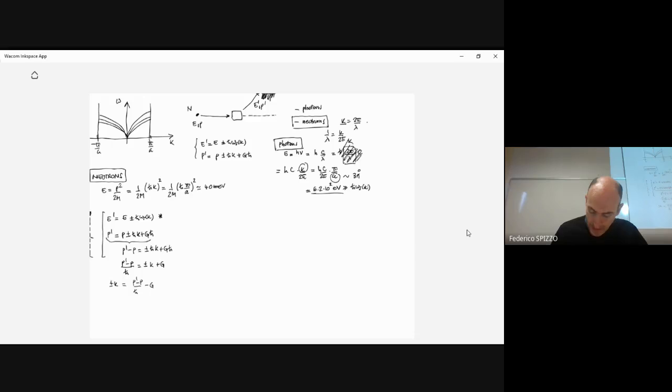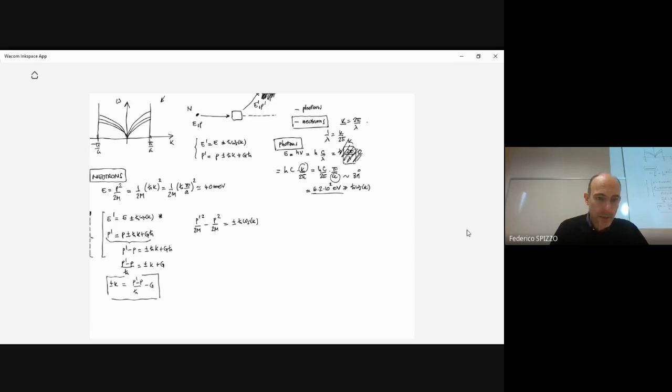So concerning neutrons, energy conservation means that P prime squared divided by twice the mass of the neutron, which is the energy after the interaction, minus P squared divided by twice the mass of the neutron, so final energy minus initial energy, is equal to plus or minus h bar omega_s of K. So if we use this equation and we insert the value of K here, we may drop the plus or minus, because what we expect, as we see from this diagram up here, is that the phonon dispersion is symmetrical with respect to the origin.